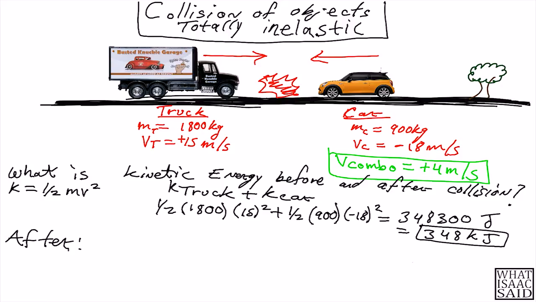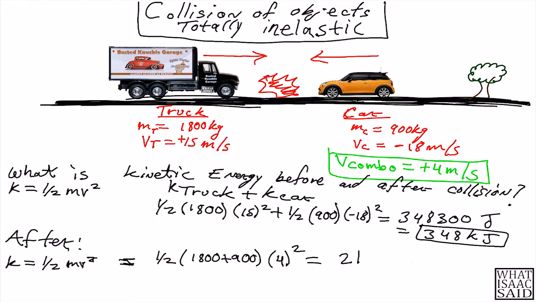So our kinetic energy after is going to be, again, K equals 1/2 mv squared, and that is going to equal 1/2 times our mass, 1800 plus 900, of the truck and the car, times our velocity squared, which was 4 squared, and that should give us approximately 21,600 joules, or we can round it and say 22 kilojoules.